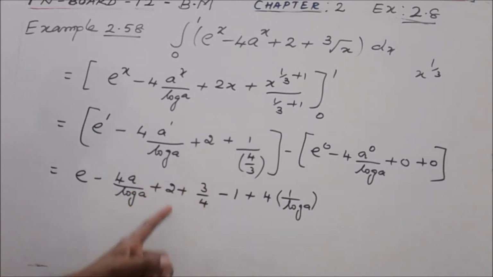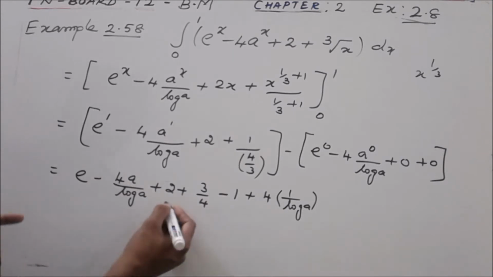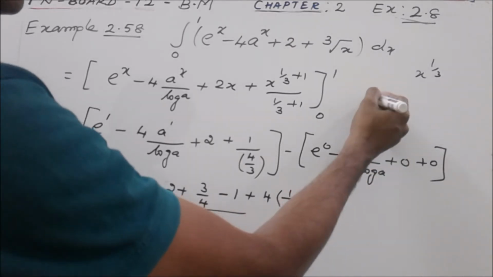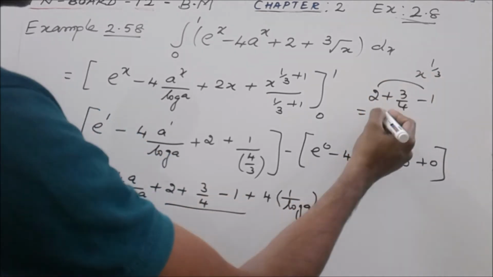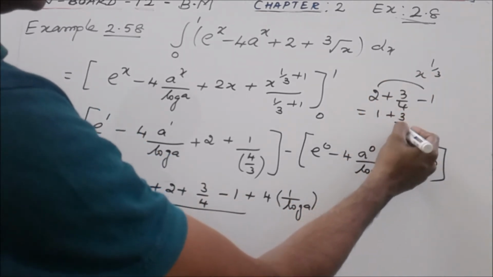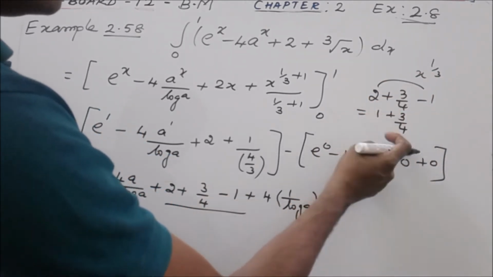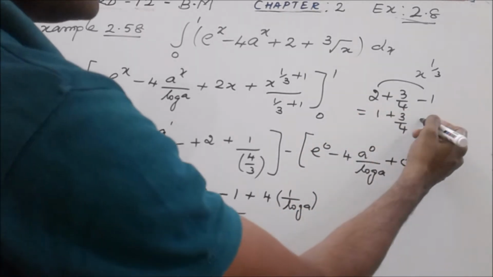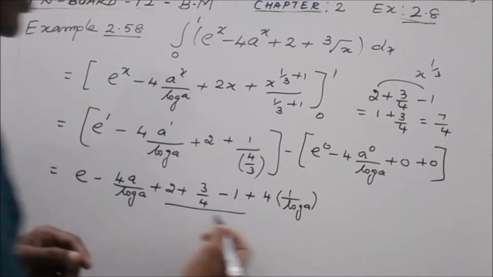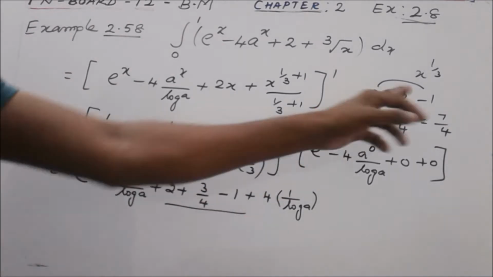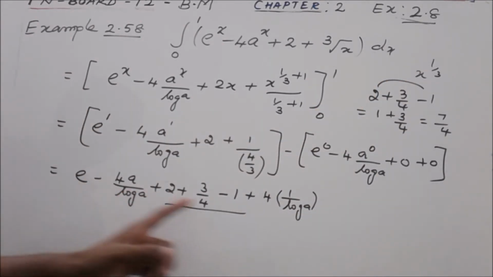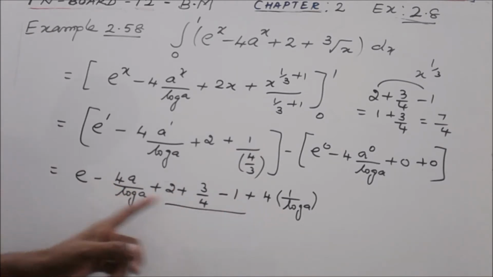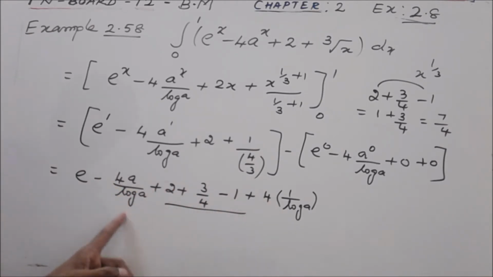We can simplify this more. 2 minus 1 is 1, and 1 plus 3 by 4, taking LCM, 4 plus 3 by 4 equals 7 by 4. So these three terms become 7 by 4, and of the second term and last term, we can take out 4 by log a as common.